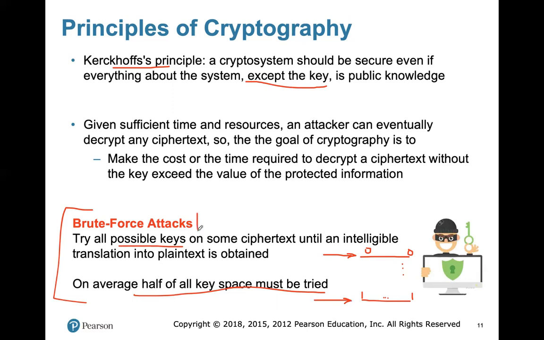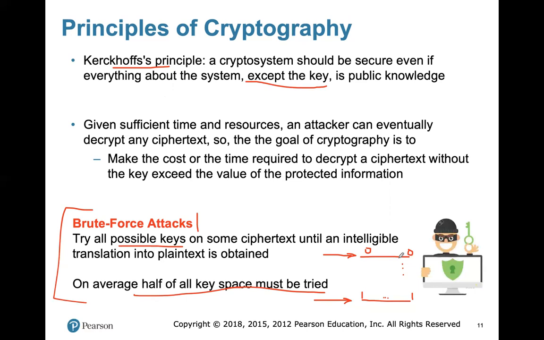Having this said, we say that, okay, encryption algorithms or cryptographic algorithms can somehow protect our data for a given amount of time. Because of course, at the end of the day, you have some number of bits for your key.